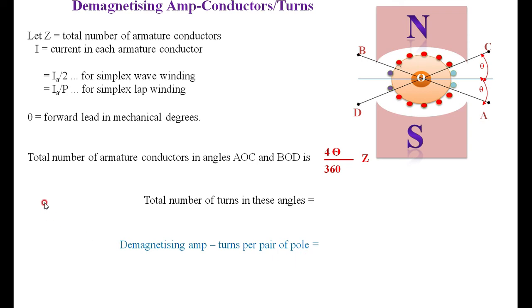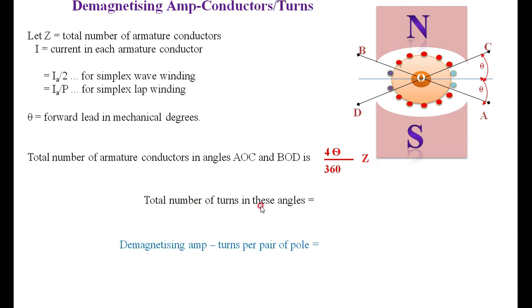You can see here the total number of armature conductors in angles AOC and BOD: for 360 degrees, Z conductors are distributed, so for 4 theta it is 4 theta divided by 360 into Z.